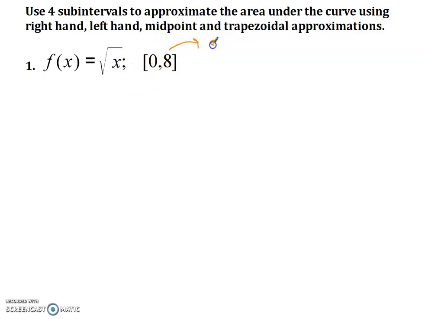What you're going to do is always take your interval, subtract it, the bigger number minus the smaller one, and then divide it by how many subintervals. So we're spacing our x values out by 2. That's going to be the width of our rectangles.